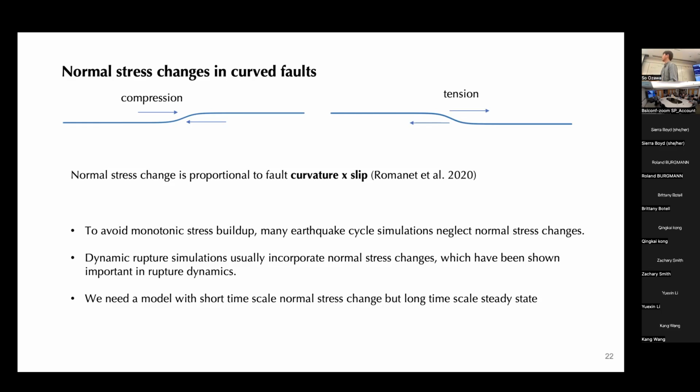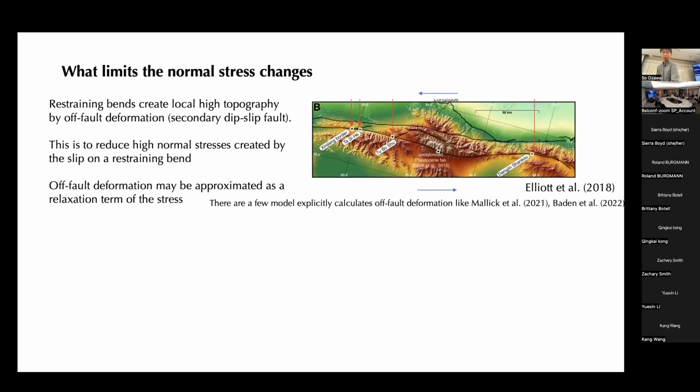So what kind of physical process can accommodate normal stress changes due to nonplanar fault slip? If you look at a restraining bend in the real world, there are typically mountains like this. This is an example from Tibet.